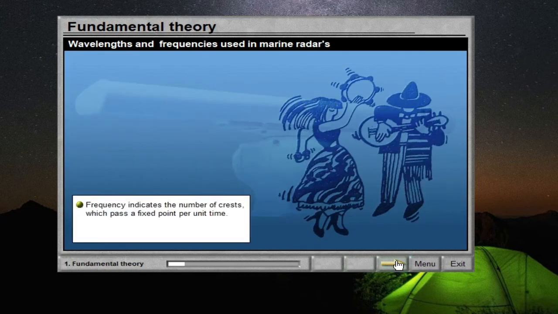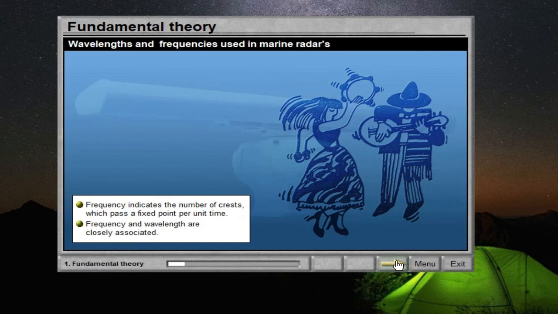Frequency is another way to measure wave motion. Frequency indicates the number of crests which pass a fixed point per unit time. Frequency and wavelength are two terms that are closely associated.